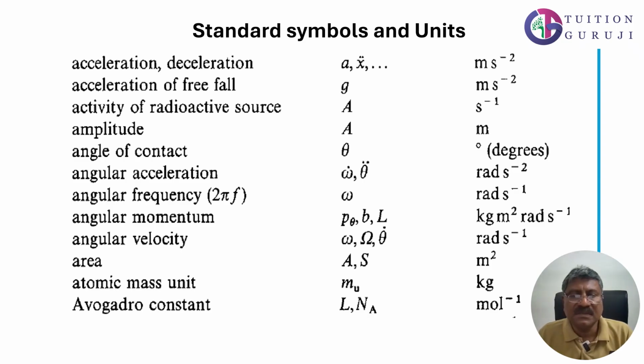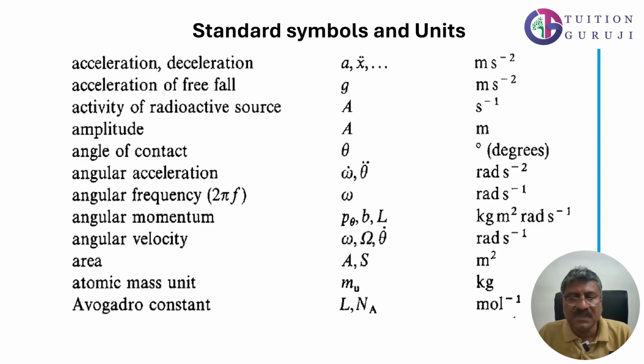Let us see some standard symbols and units. Acceleration, the unit is meter per second square or meter second raised to minus 2. Then acceleration of free fall is g, it is meter second raised to minus 2. Then activity of radioactive source is in second raised to minus 1. Amplitude is in meter.